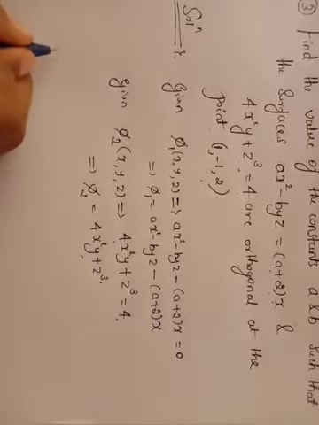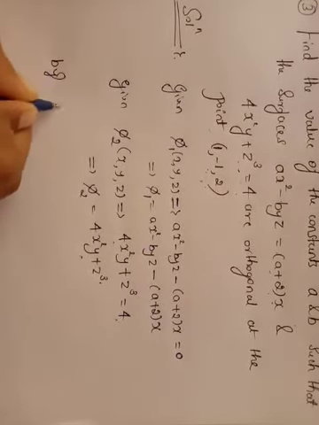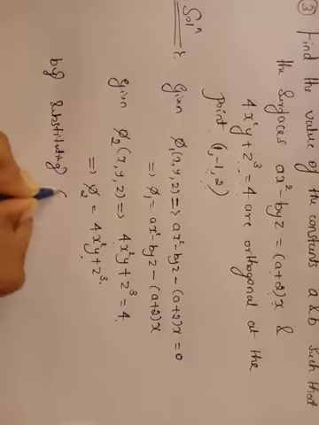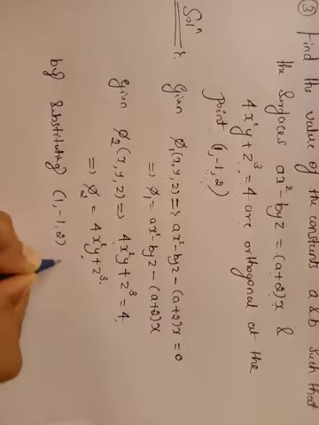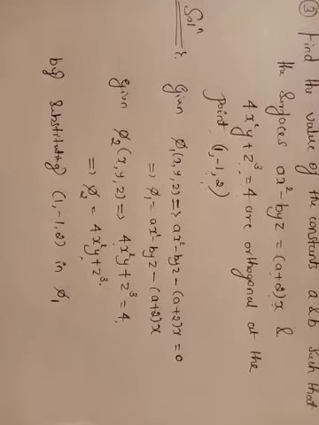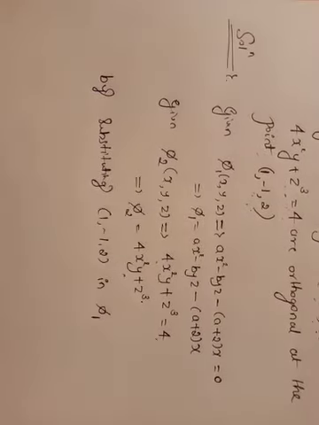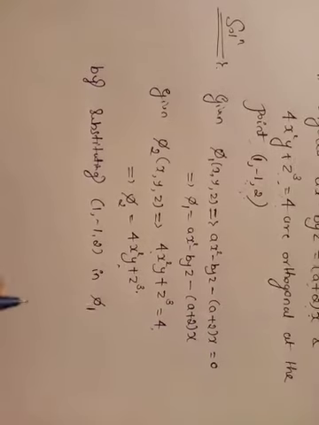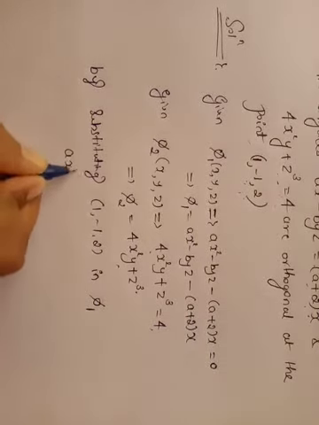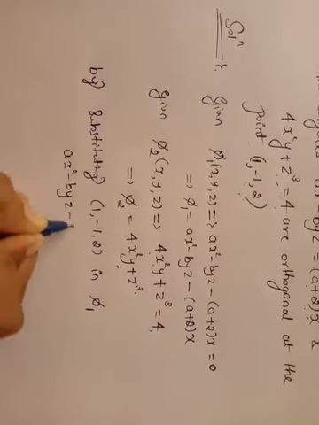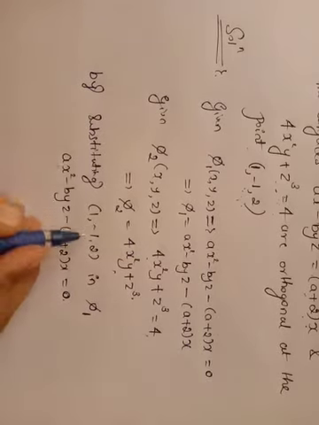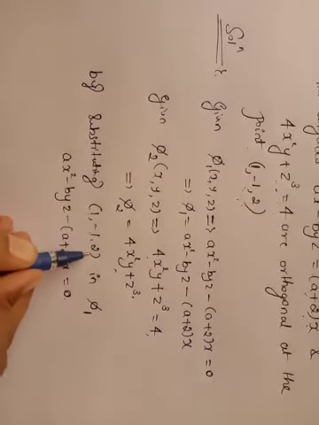By substituting (1, minus 1, 2) in phi 1: ax square minus byz minus (a plus 2) of x equals 0. Wherever there is x, y, z, substitute 1, minus 1, 2.